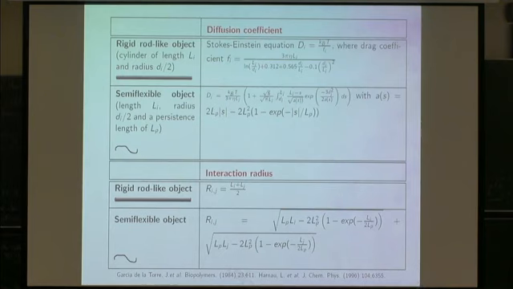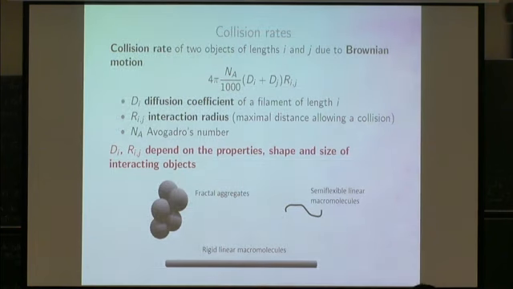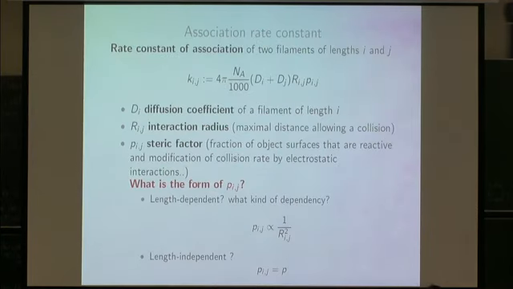And after, okay, so for now, what we have is only the collision rate. But when we have a collision, it is not necessary that we are going to have aggregation. So to have really the constant of association, we need to multiply the collision rate by a probability. And what is the form of this probability? I don't know. So I assume two things.